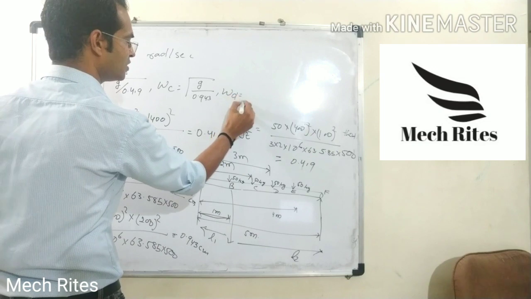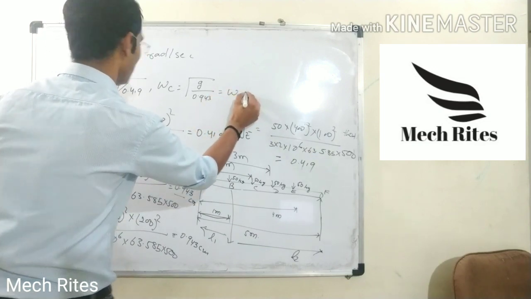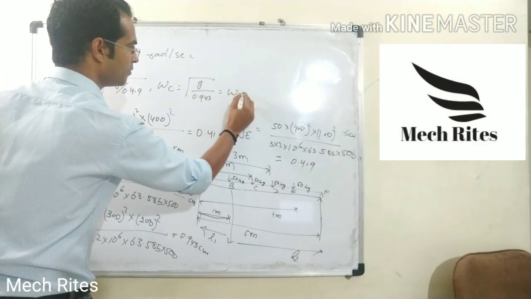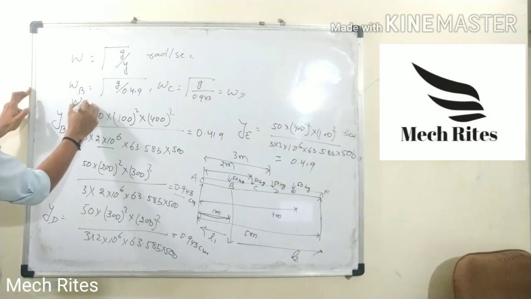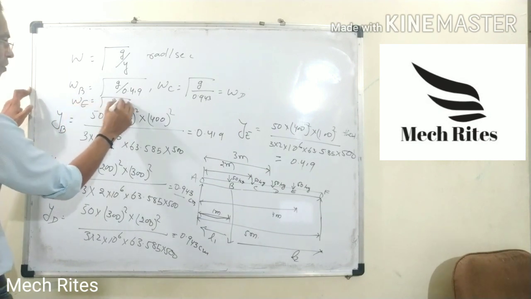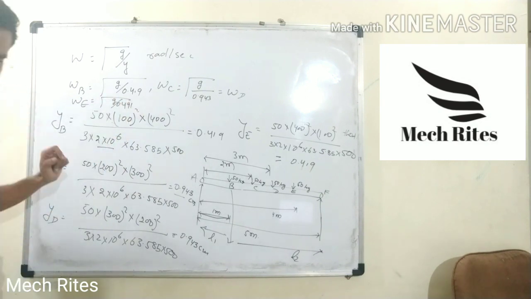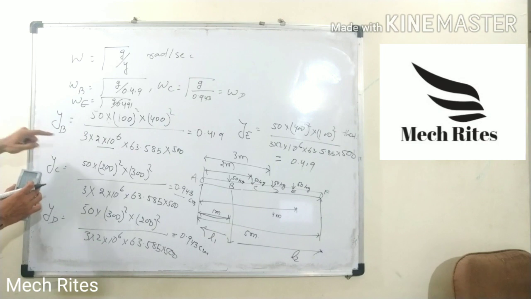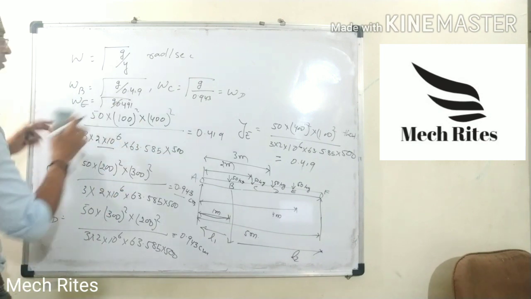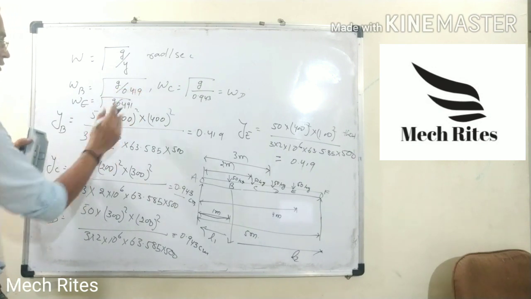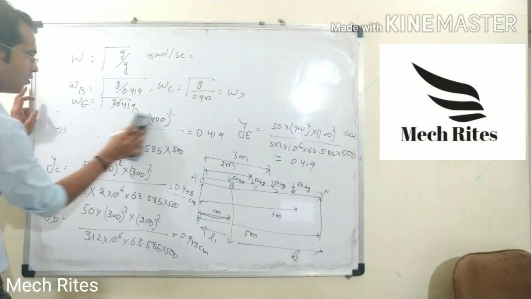Omega D will be the same as omega C, and omega E equal to under root G upon 0.419.